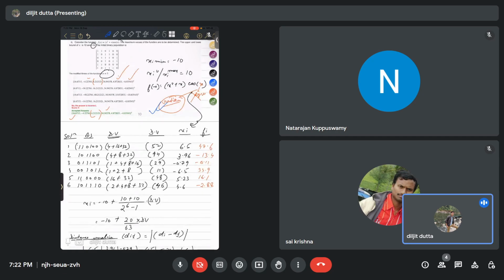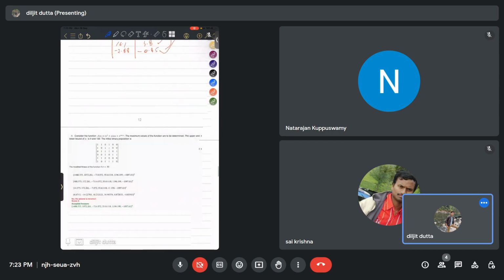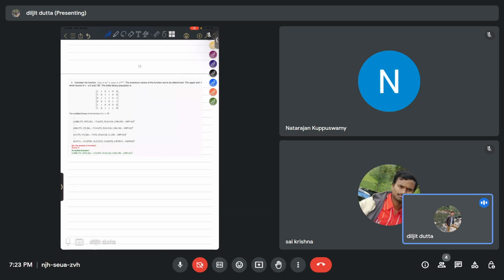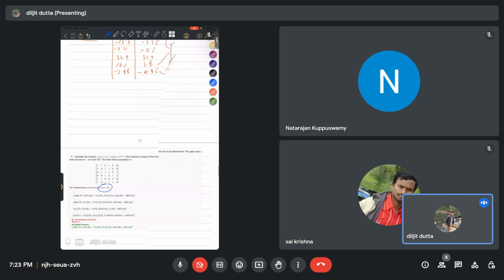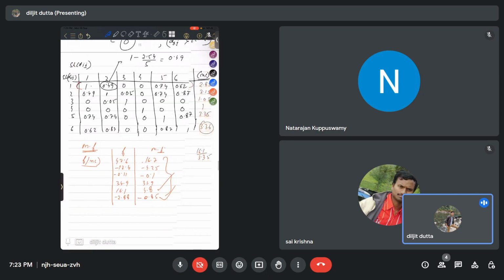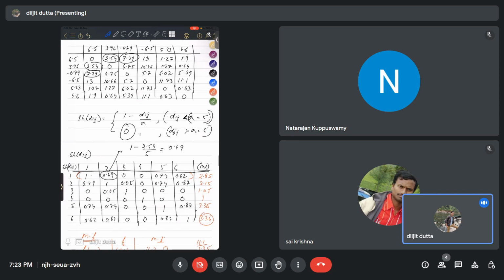There is some typing mistake in this third one, I think. This is based on the same problem only. Here sigma is equal to 30. I won't be solving this problem again, it will go with the same procedure only. When you give sigma equal to 30, you can see all the values are less than 30, so there will be no zeros here.